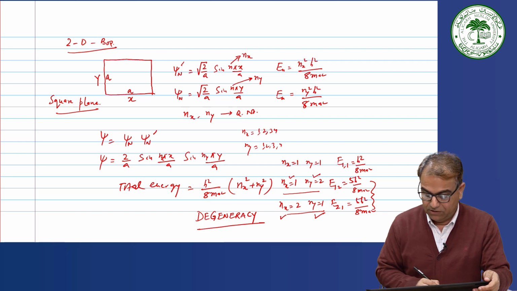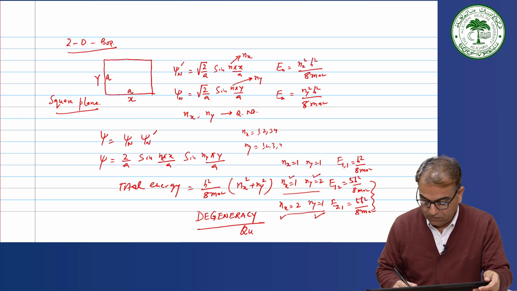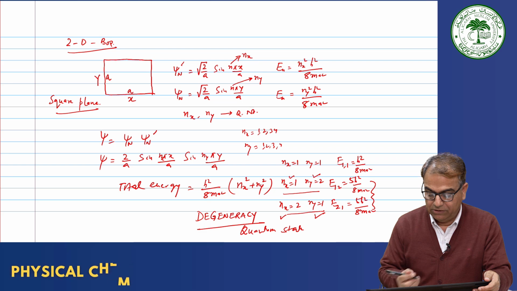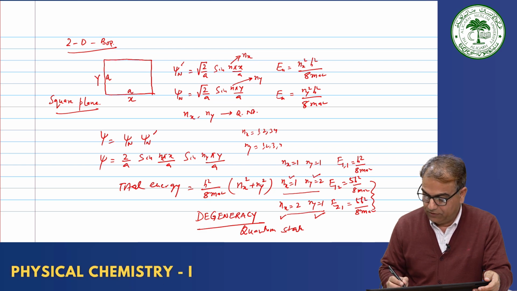Concept of degeneracy. So, we have a degenerate quantum state. This way you can go for 2, 2 also.